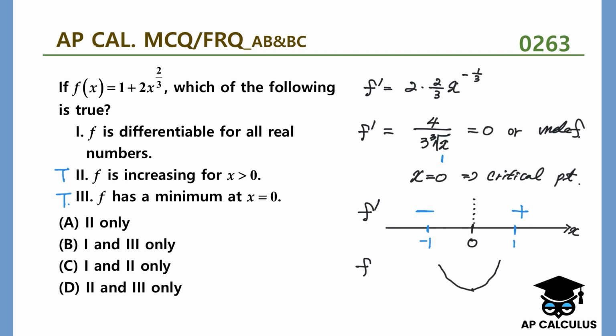So f is not differentiable at x equals 0, and the first one is not true. The graph of f actually looks like that, with a cusp at the point where it is not differentiable. So the answer has to be 2, 3. So the answer has to be D, all right?